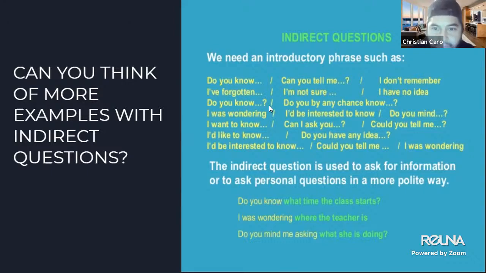So use these opening phrases, like I'd be interested to know, could you tell me, do you have any idea about blah, blah, blah, and use these opening phrases and then complete the idea with, for example, a relative clause like where, what, who, or if and whether. Okay.